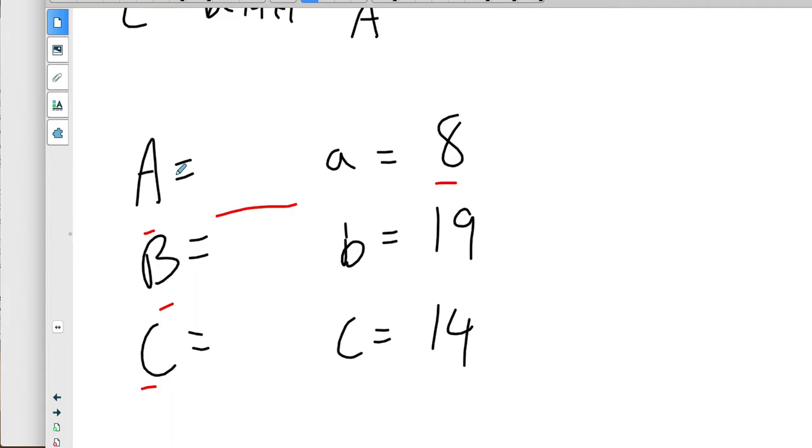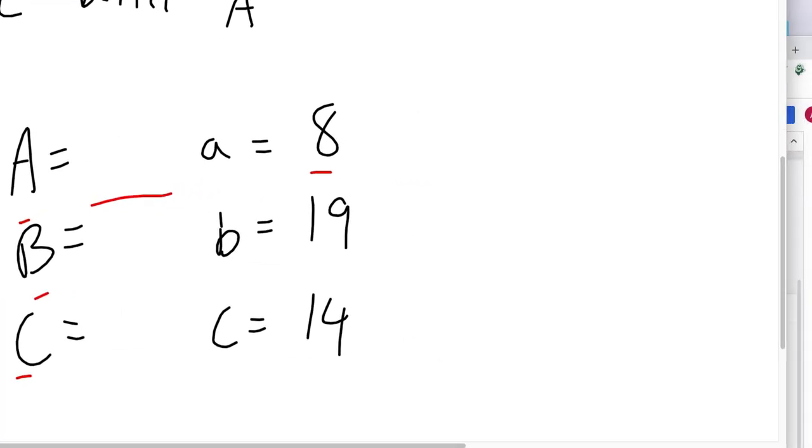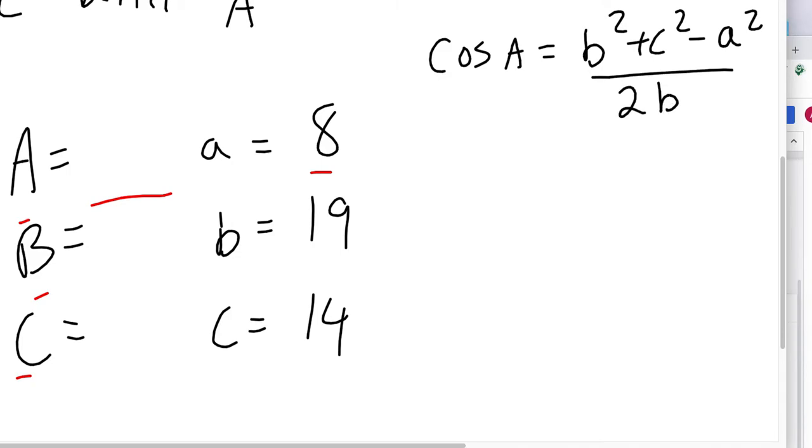So solving for A, I'll write down the formula. It's going to be cosine of A equals B squared plus C squared minus A squared divided by 2 times B times C. We can put this all into our calculator.